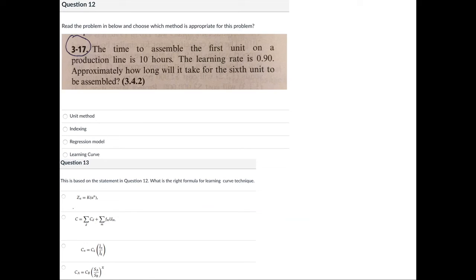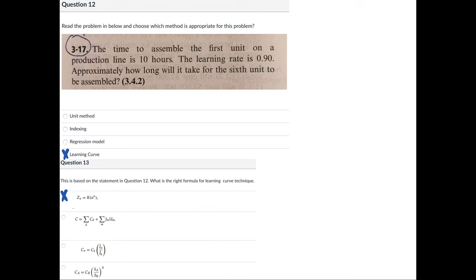The learning rate is 0.9. Approximately how long will it take for the sixth unit to be assembled? Okay, so it's talking about the learning rate. So we're going to use the learning curve method. Then you want to choose the equation, which is this one.